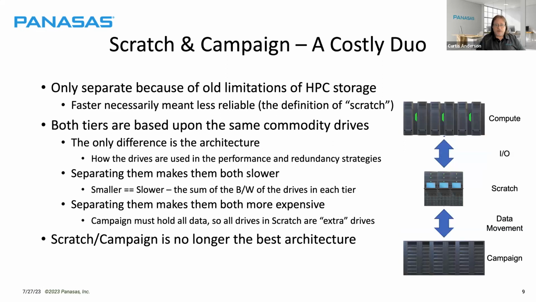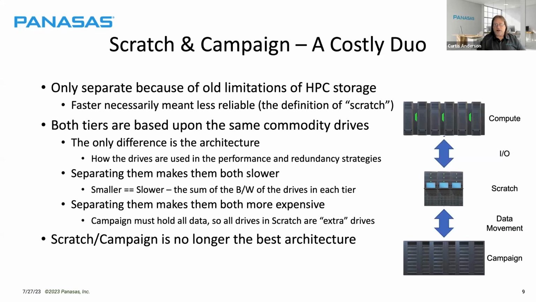The traditional approach is that reliable storage wasn't fast enough to keep up with the HPC cluster. And so we in the HPC community created Scratch, and we differentiated it against Campaign. Scratch was really super fast, and it was okay that it wasn't reliable because the data wasn't going to live there permanently. It lived permanently on Campaign. You pulled the data files up from Campaign, you computed on them for a while, and then you pushed the results back.